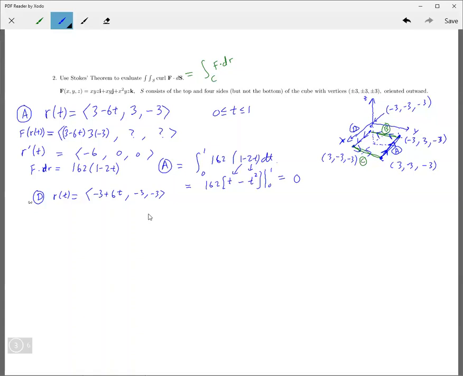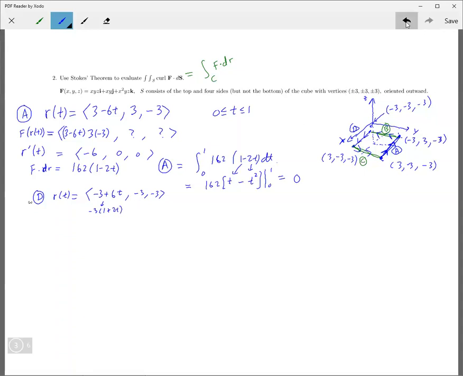Your F part will be x, y, z, and that's similar. So this is the same thing right here. If you factor a negative 3 out, you get 1 plus 2t.